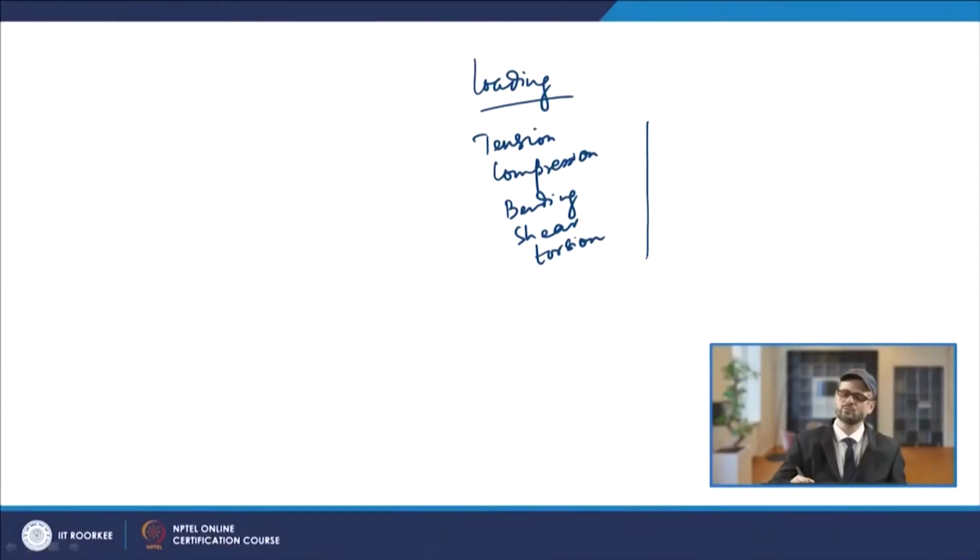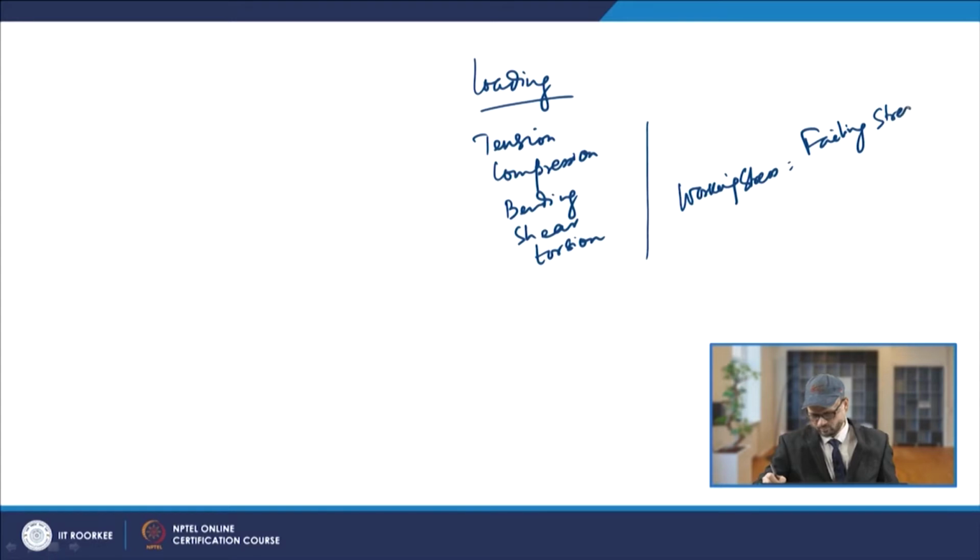So what we normally do is define the working stress or allowable stress, and for that we define a term known as the factor of safety. You will have a failing stress, and that is divided by the factor of safety, which is the safety factor.